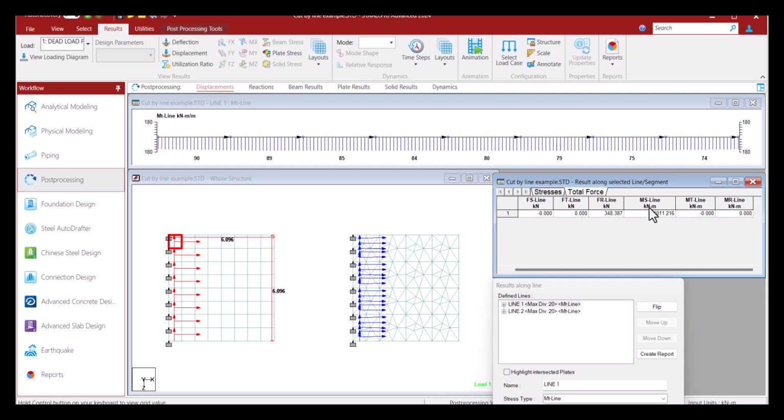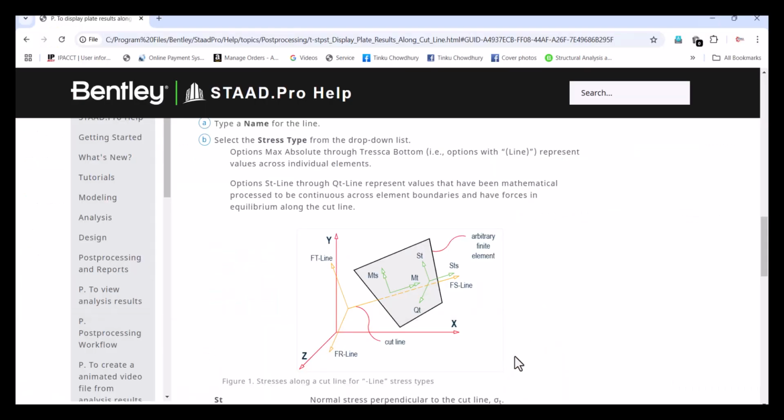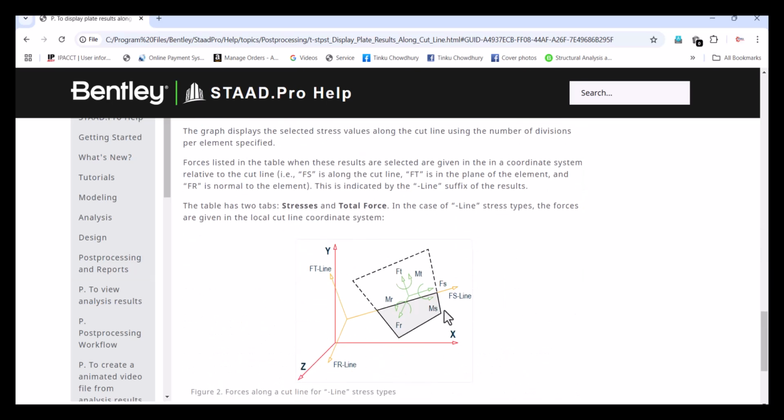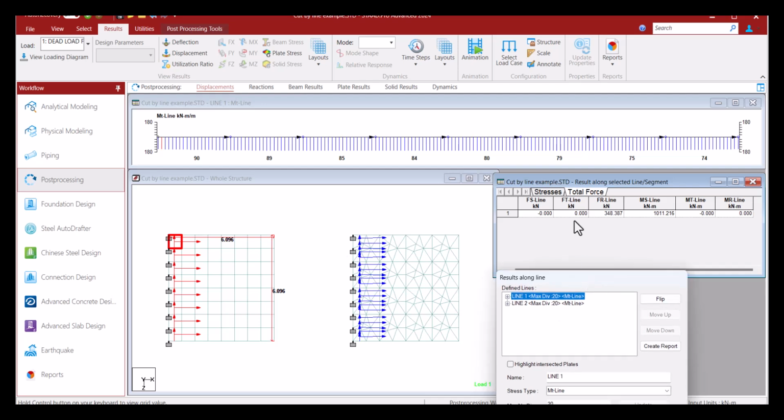As I mentioned, initially it is a little bit confusing. This MY line, if I show you again for your reference, represents stress, and this MS represents total moment, total force. Right now we are interested in total force. So we initiated the stress calculation from here, and from the stress the total force is computed.